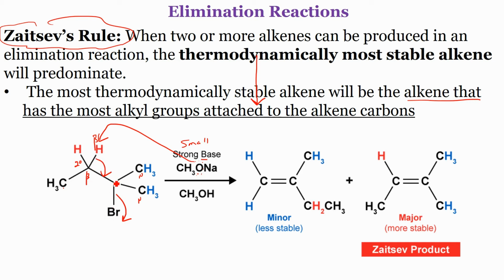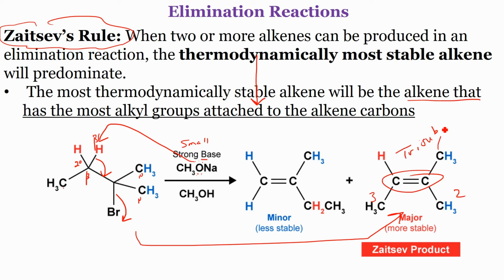That is the anti-coplanar rule that we talked about, or that's always explained in E2. So the major product will be this one, because once I make a double bond, I see 1, 2, 3 carbons directly bonded to the double bond. This is tri-substituted.